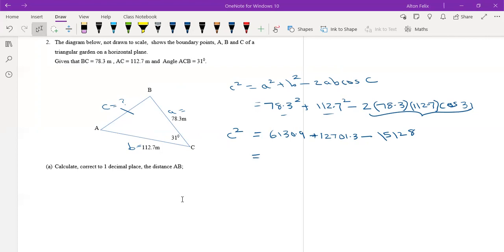What's our answer there? 18,000 and change, minus 15,128. Right, now that is c squared. So c squared will be 3,704.2. Then we're going to take the square root of that.